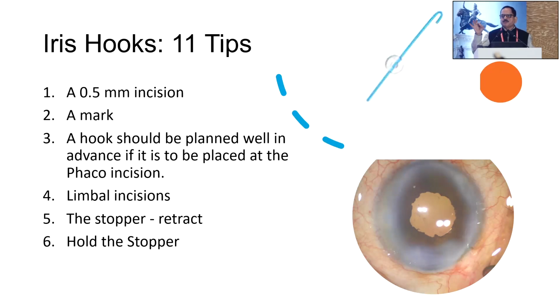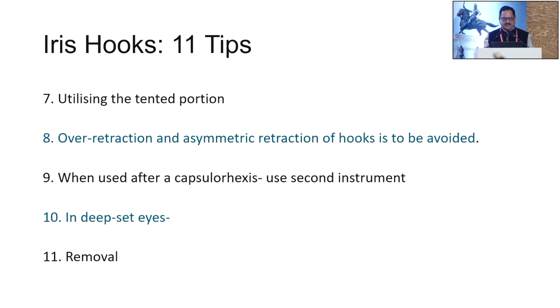It's better to put a mark, because sometimes you make a corneal incision and forget where it was. For beginners especially, put a mark there. A hook should be planned well in advance if it is to be placed at the phaco incision, and your incision should be at the limbus, not the cornea, in these cases. First retract the stopper, then place the iris hook in there. Hold the stopper and then you can manipulate with that also.